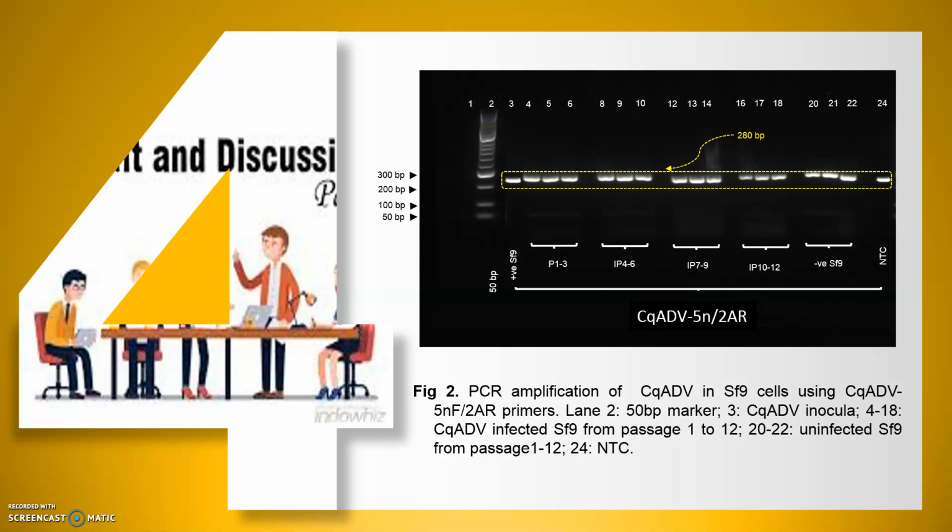This figure is the PCR amplification of CqADV in SF9 cell culture using this primer set. As we can see in this box, it can be clearly seen that all samples show a positive result for CqADV, which is 280 base pairs.